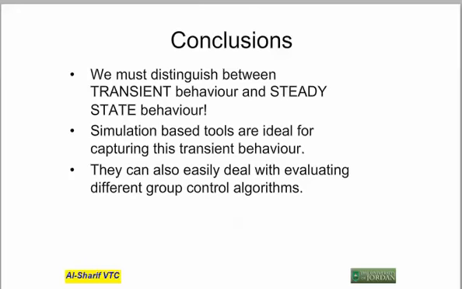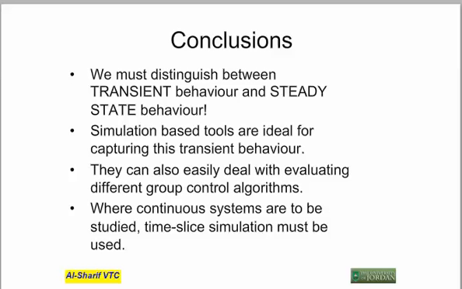As I said, simulation tools are also ideal for evaluating the effect of different group control algorithms on the design. If we want to evaluate continuous systems, then time slice simulation must be used, as we can then simulate discrete events and so on, or we can look at speed, the change in speed, the change in energy consumption in systems.